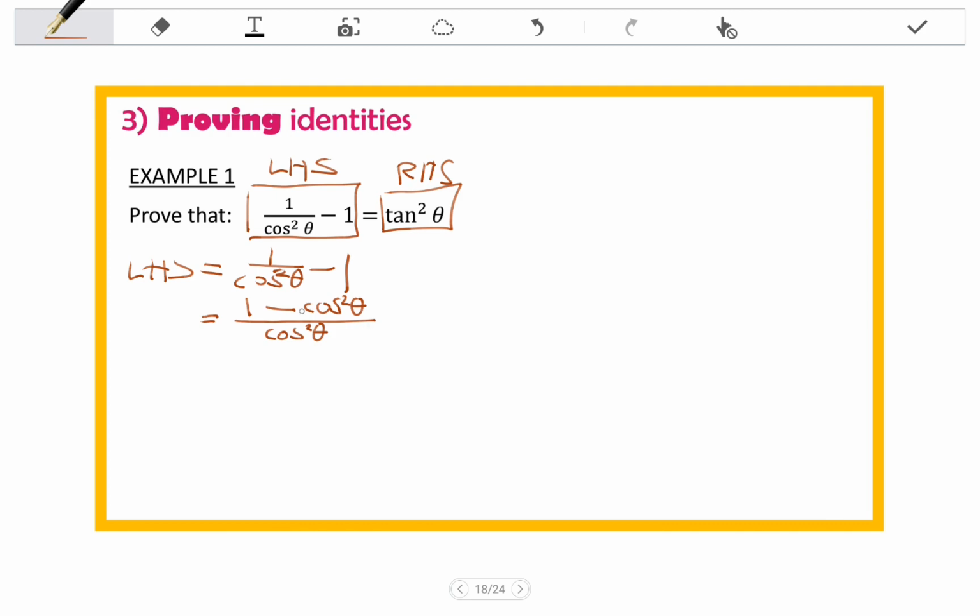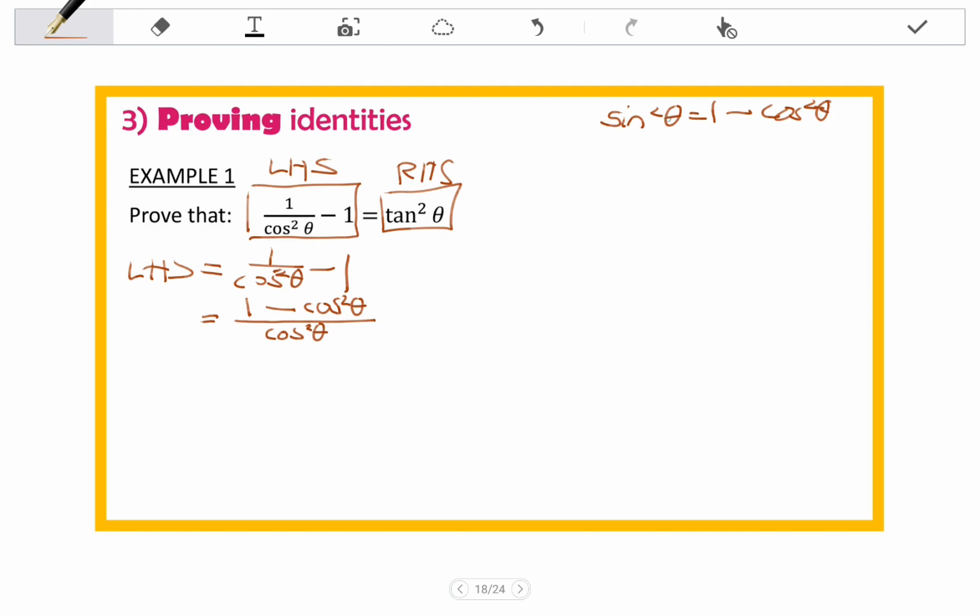Okay, and looking at this, what I see is in my numerator, I have 1 minus cos theta squared. Now, that is the square identity, which has the form sine theta squared equals 1 minus cos theta all squared.